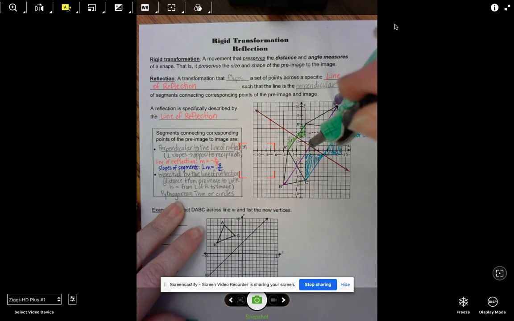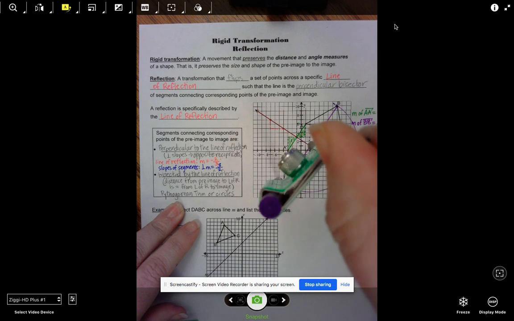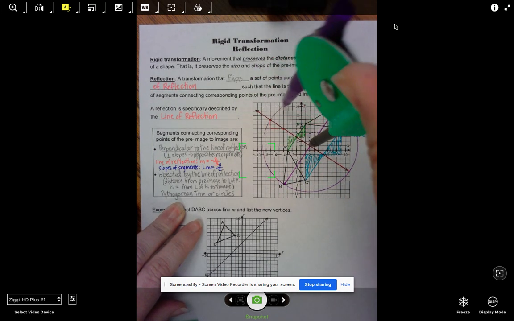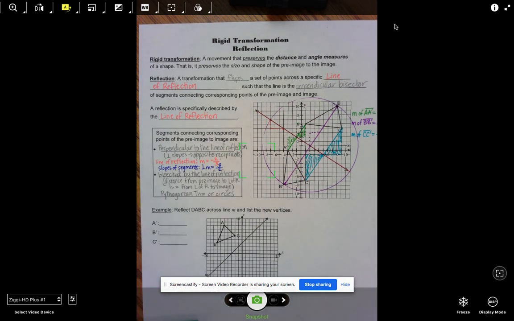And if I were to continue this circle, my B prime should lie directly on it if it is the same distance away from that center point or the point where it crosses. And so I can verify that way. And if you notice that it does actually lie on that line.